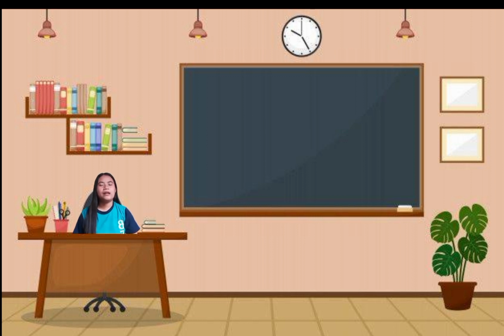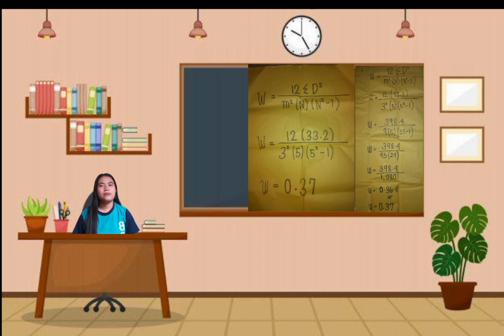Ngayon naman, we are going to substitute our mean and our summation of D squared in our Kendall W formula. So, W equals 12, the summation of D squared over M squared, where M is the number of raters, times the number of demonstrations, times the number of demonstrations squared minus 1.